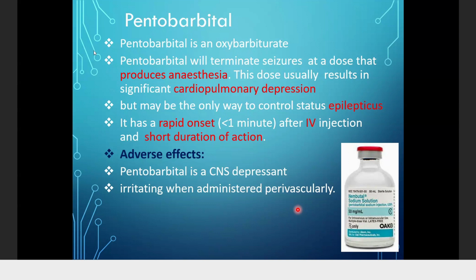Yes, concentration. So what's the concentration of Dolital? If you don't know the exact one, can you roughly tell me, as compared to Nembutal, what would be the concentration of Dolital? 200 mg in 1 ml, a very high concentration, whereas Nembutal is only like 50.